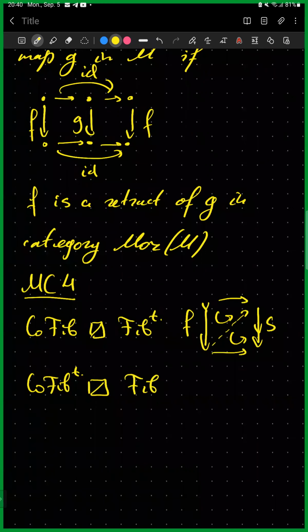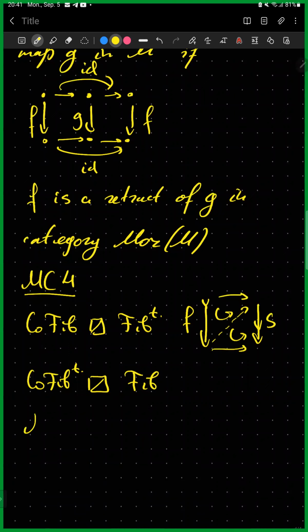Okay, so finally, the most controversial axiom of a model category, so to speak, is the factorization axiom. Let F be an arbitrary map in a model category, an arbitrary morphism.